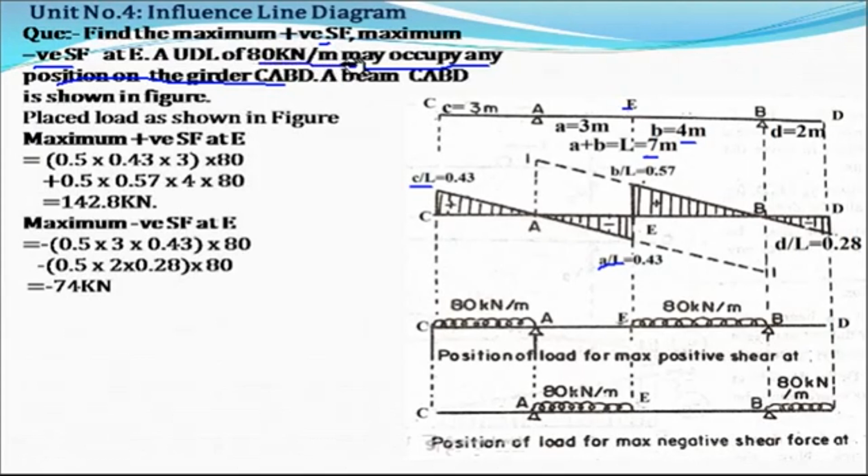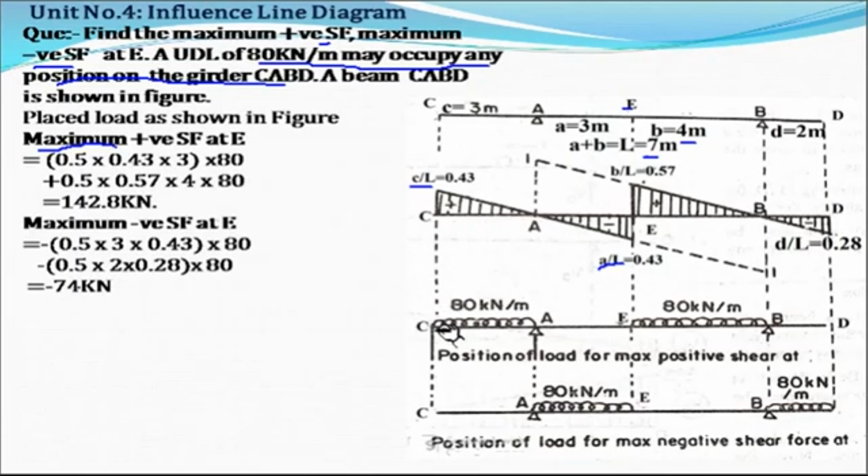But they have mentioned that it may occupy any position on the girder, provided that we should get the maximum positive shear force and maximum negative shear force. Now if you see, to find out the maximum positive shear force at section E, you have to see the positive shear force diagram at the section E. So CA and EB.